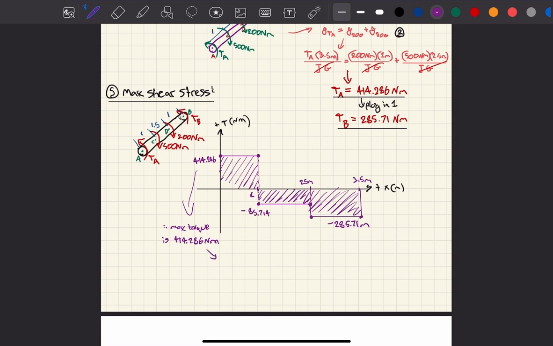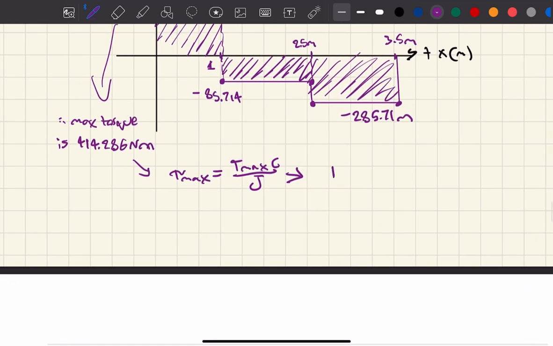Therefore, I can plug that into my shear stress equation. Tau max is equal to the maximum torque times c over J. I need to zoom in to write properly.